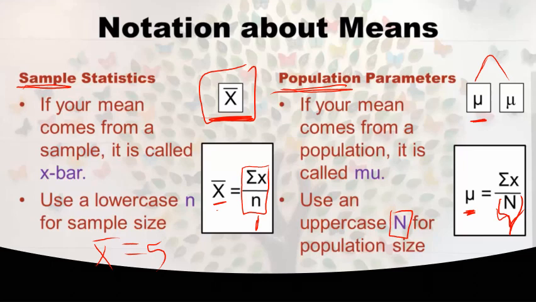You might throw them off, because if everyone's speaking the language of statistics, and we see that you took data from a population and got your mu here, but then we see lowercase n's everywhere, we're going to get confused. So you have to know some of these symbols and what they indicate when you are reading data.